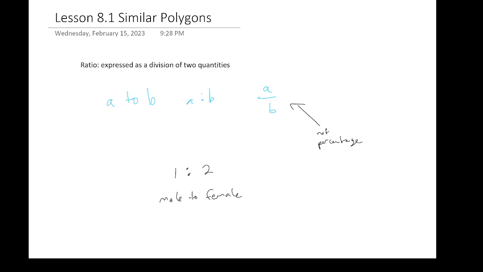Now, what does that mean? If we think about this in terms of percentage, what percentage are going to be men at this party? When you see this 1 to 2, it does not mean 50%. 50% would be half of the attendees are male. That's not what it is.